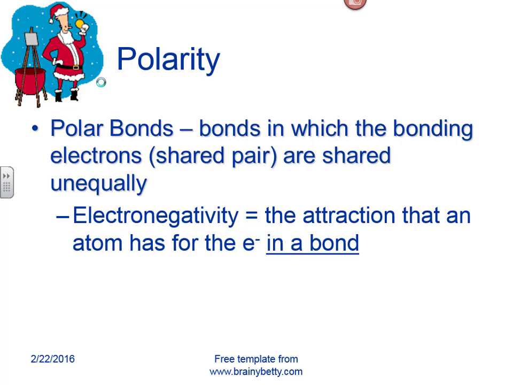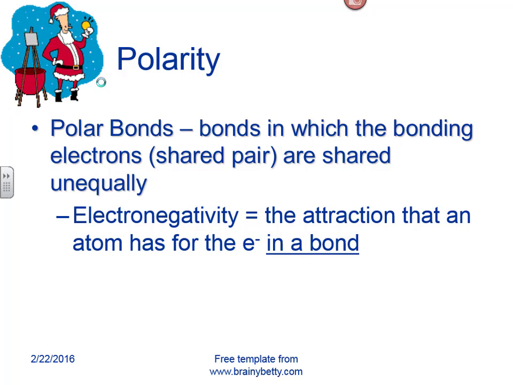We talked about electronegativity last semester when we talked about the periodic table. Just as a reminder, the electronegativity is the attraction that an atom has for the electrons in a bond. So if you have two atoms that are sharing electrons in a bond, which of those atoms wants the electrons more? Or which of those atoms has the electrons attracted to it more?